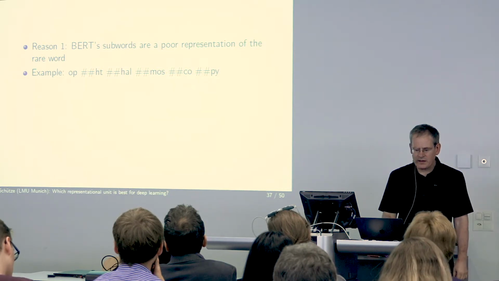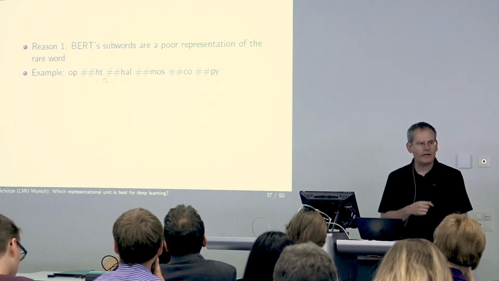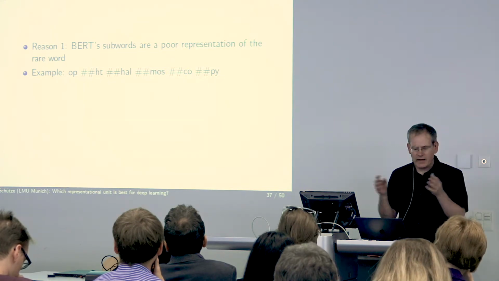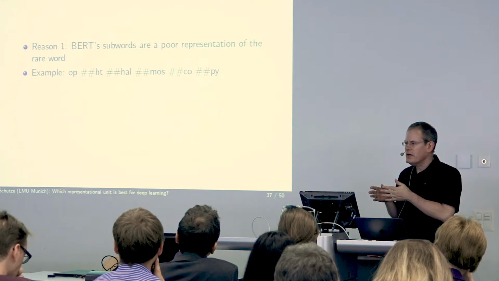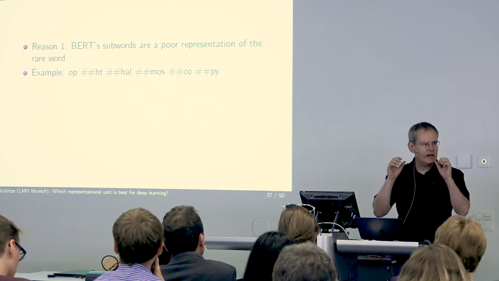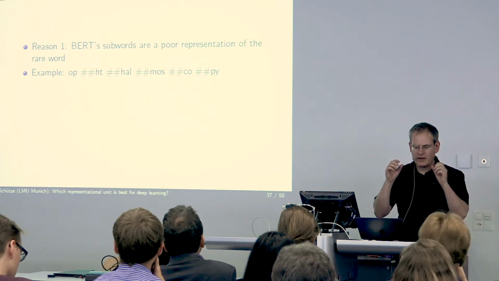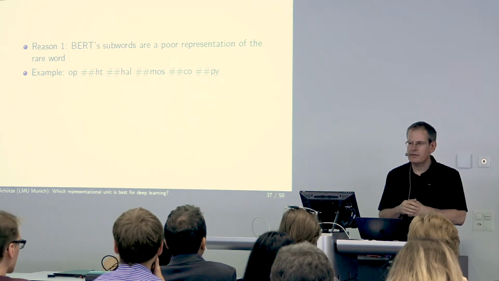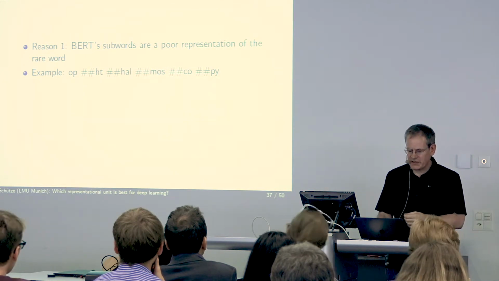And you can see that this is a horrible representation of ophthalmoscopy. It's torn apart into 6 subwords, and these subwords clearly are not meaningful units. So to put together from these 6 subwords the meaning of the word is as hard as it would be in a character level model. So this is a bad representation.